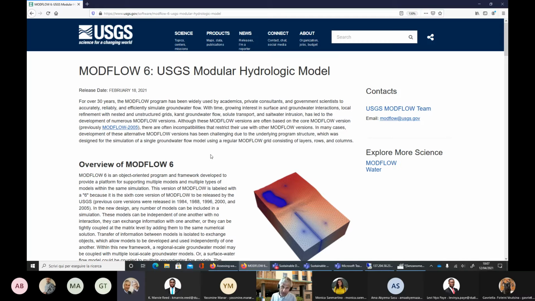There is one nice thing related to the use of the software. Usually when a software makes a mistake, it's not a minor mistake, it's a big one. Because the software may give you, for instance, a negative value for the hydraulic head. So in this case, it's very easy for you to understand that something is wrong. So there is this nice feature of the software.